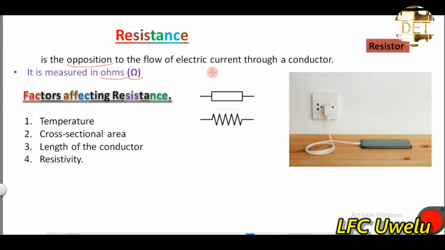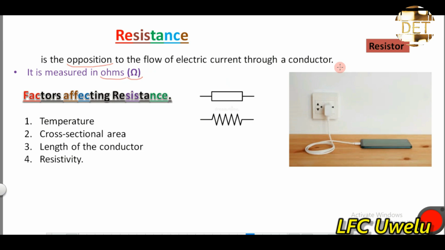So that is prevented. And also it controls the voltage that is being supplied into this phone, right? So it's very important. Again, resistance is the opposition to the flow of electric current through a conductor in an electric circuit. And like I said, it is measured in ohms.